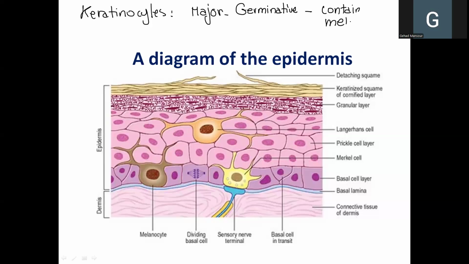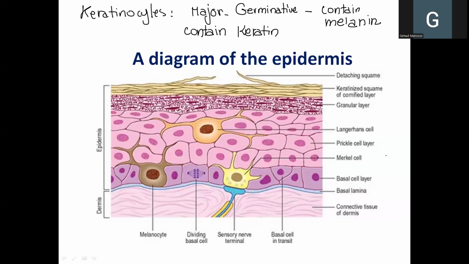So they contain melanin that was produced inside the melanocyte, but they also contain keratin. And we've talked before about keratin, and it's important in making the skin tough and water impermeable.